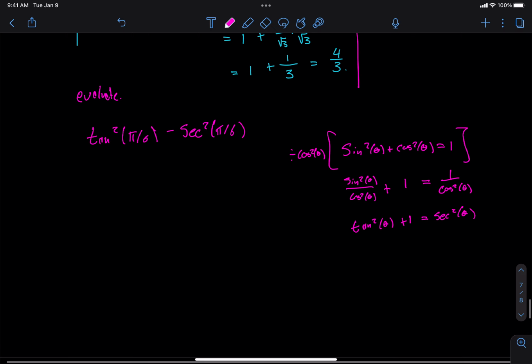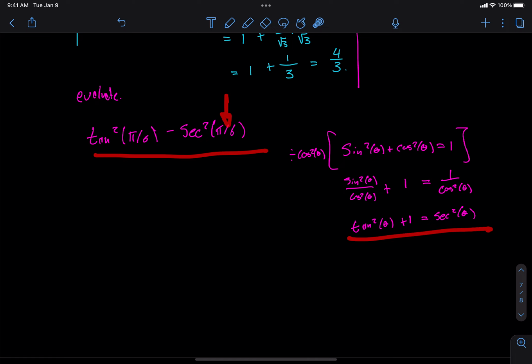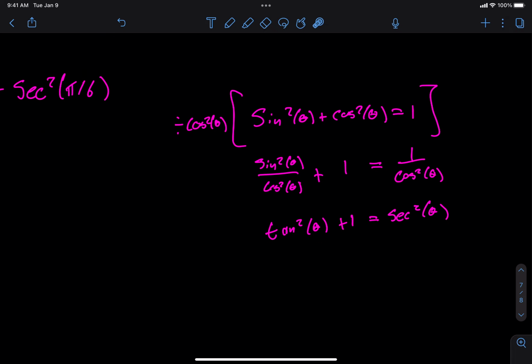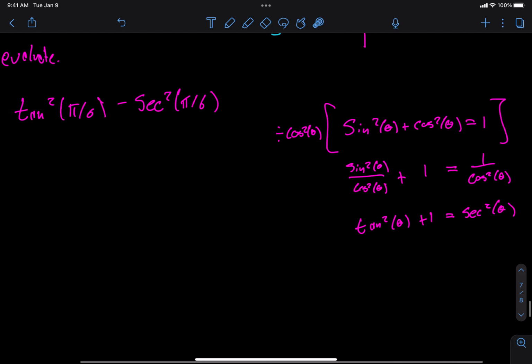So what do I have? I'm supposed to find tan squared of something minus secant squared of the same thing. Can I use this identity to help me? How can I do that? Yep, move the secant squared over and subtract 1.